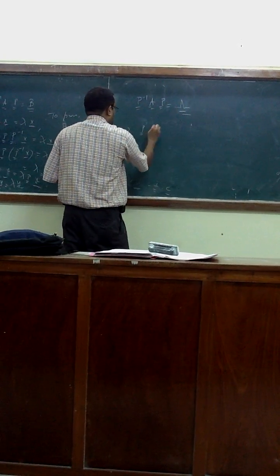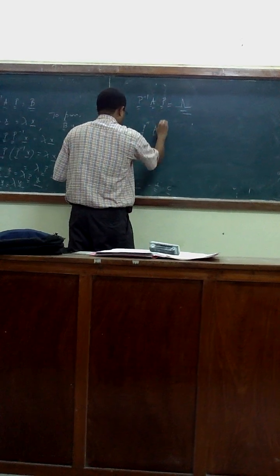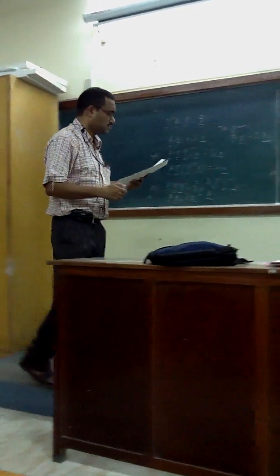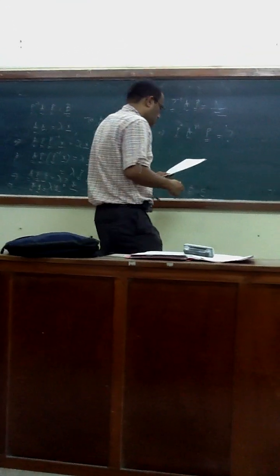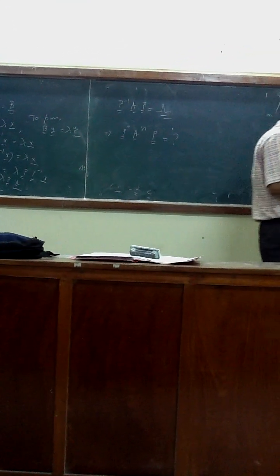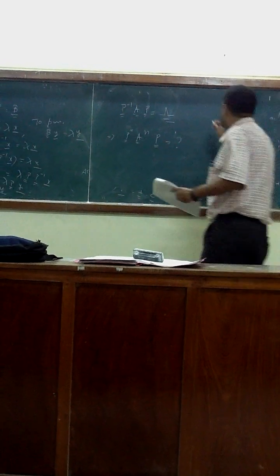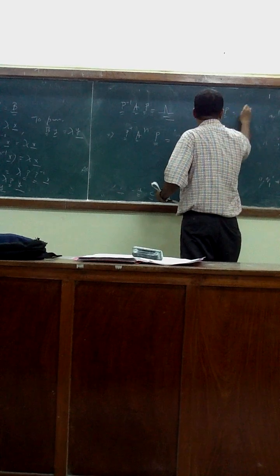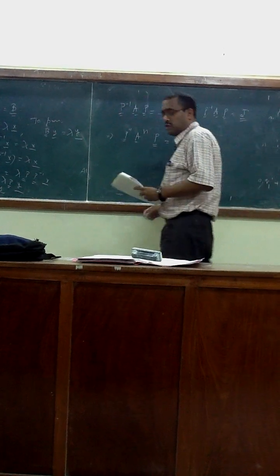Now another interesting thing, P inverse A to the power n, P will be what? Or we can also write this way, P inverse AP equals J. More theorized, Jordan form.